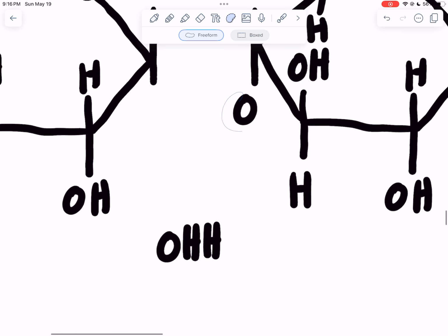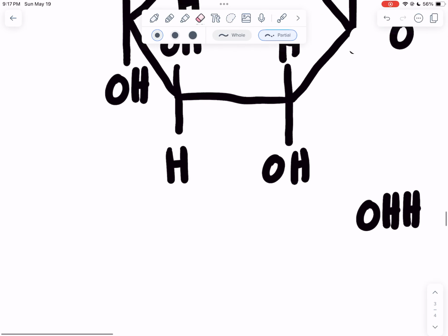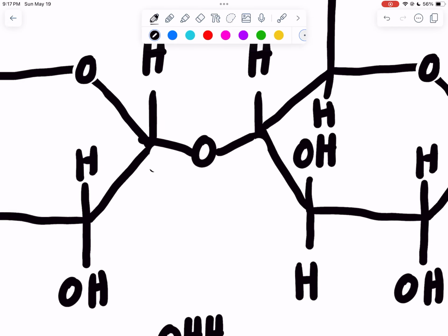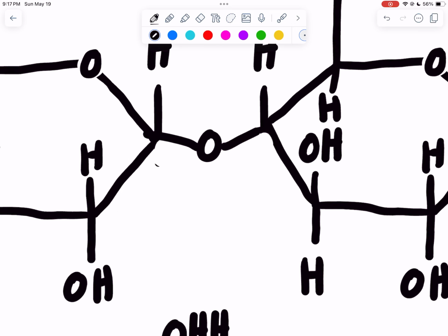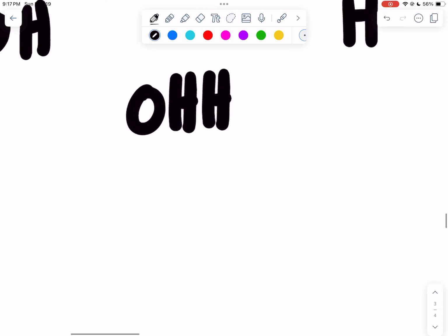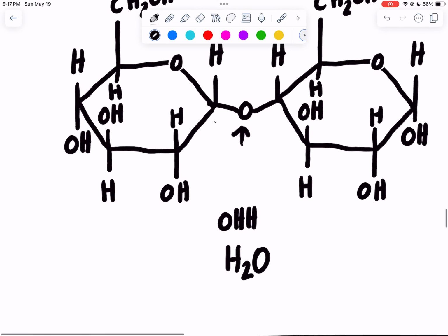And what would happen is this O would then be shared. This O would be attached to both, and they'd both be bonded using the O as like a bridge almost. And what we'd get is another OHH, which is H2O, and we get the release of water.